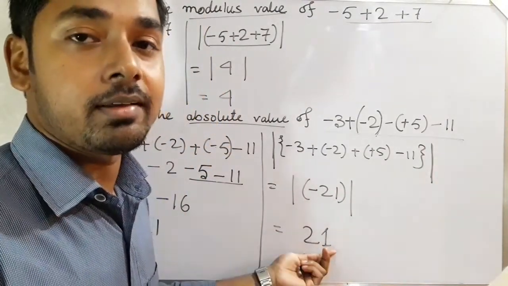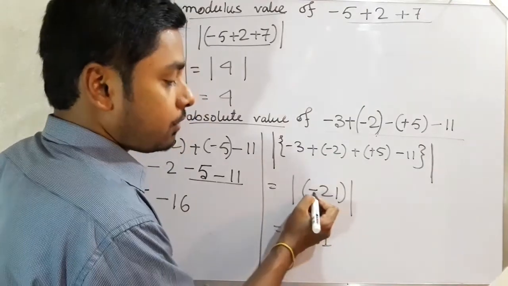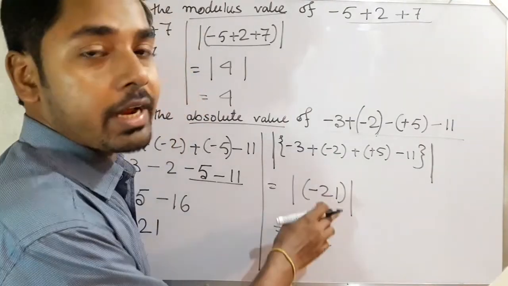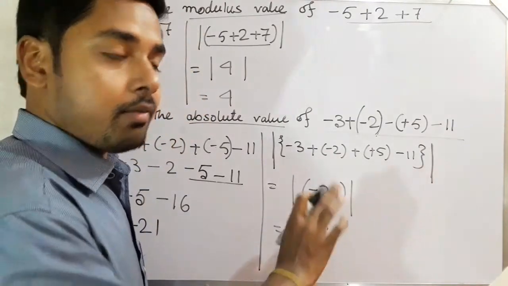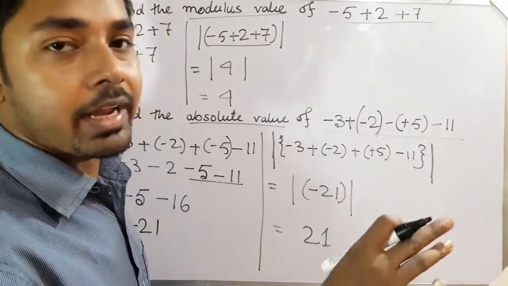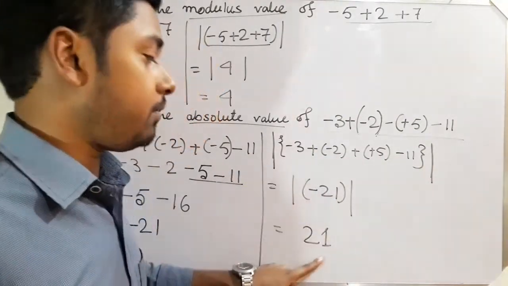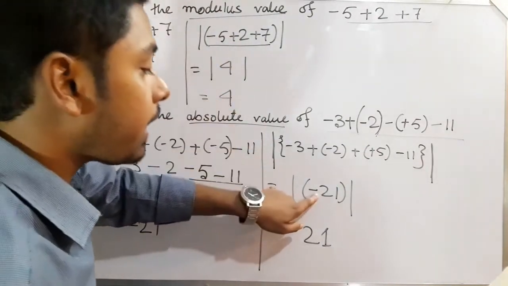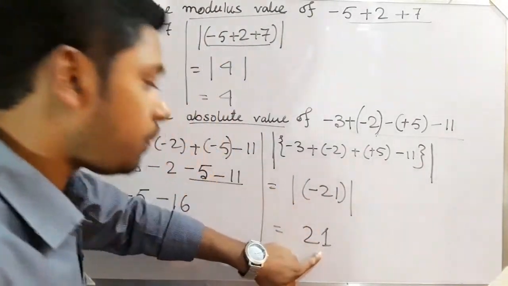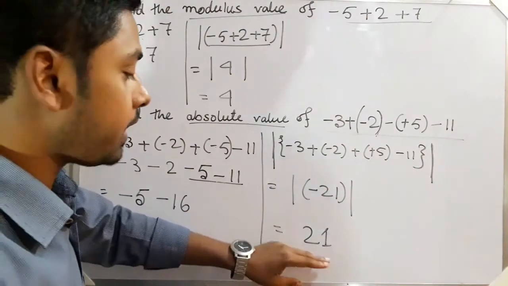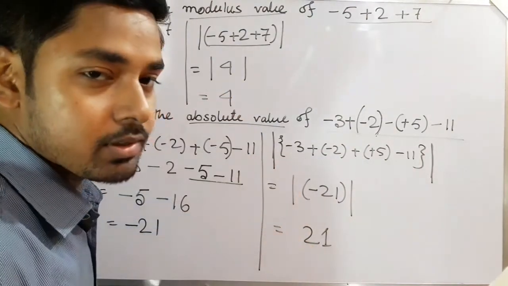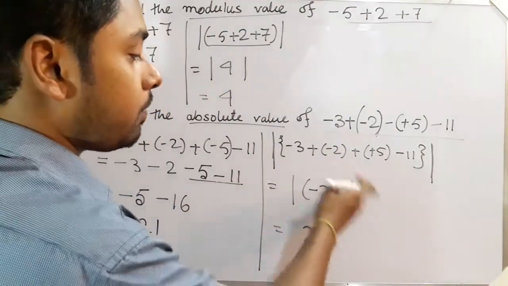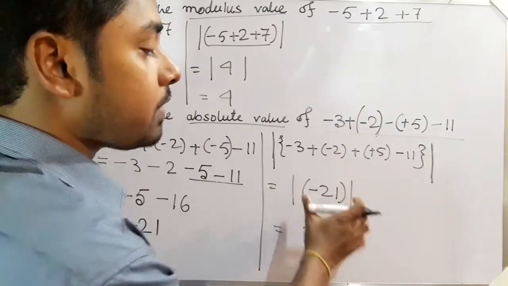This is the main thing. Inside of the modulus, if you have positive or negative, it doesn't matter. The value of both positive and negative will be only positive. Here you can see modulus of positive 4 is equal to 4, and modulus of negative 21 is also equal to positive 21. We are getting only positive values, because it's a distance. Modulus value is equal to what?